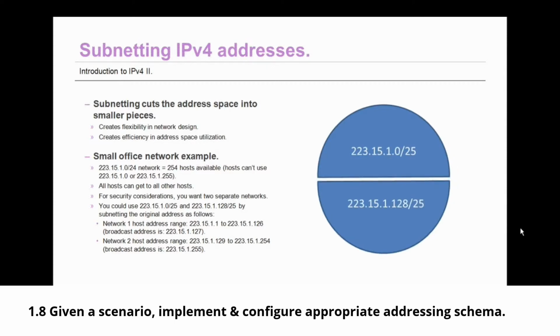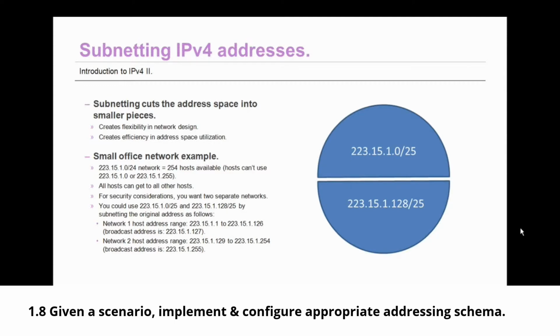What you do is you take that /24 network and you create two /25 networks. Those would be 223.15.1.0/25 and 223.15.1.128/25. In this situation, the first network's host address range would be 223.15.1.1 up through 223.15.1.126.